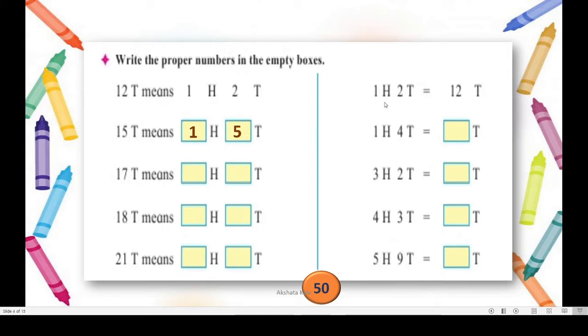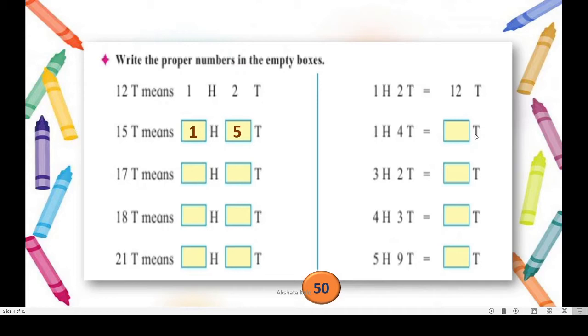And here we will move. Here it is written in reverse position. That is 1 hundred, 2 tens. Both together make 12 tens. Right? 1 hundred 2 tens means 12 tens. So here we will try to write this. 1 hundred 4 tens is equal to how many tens?